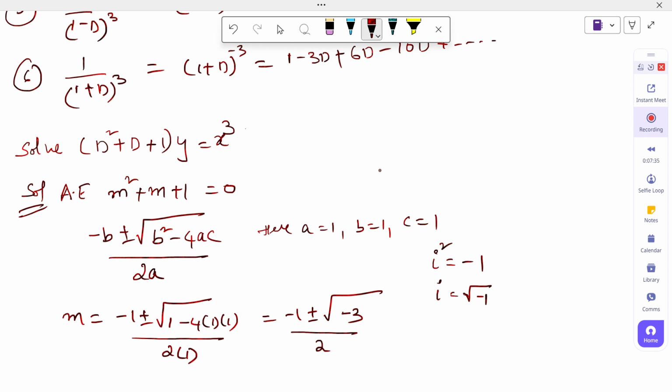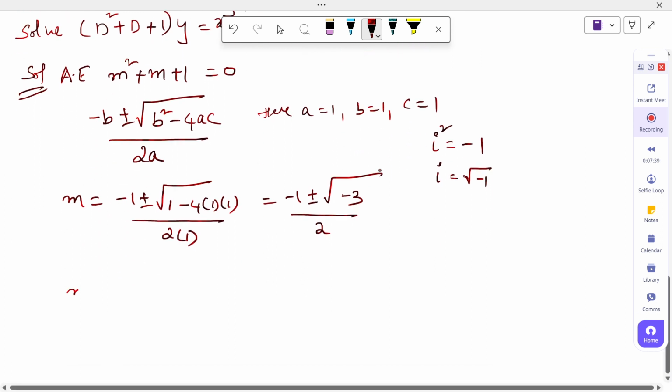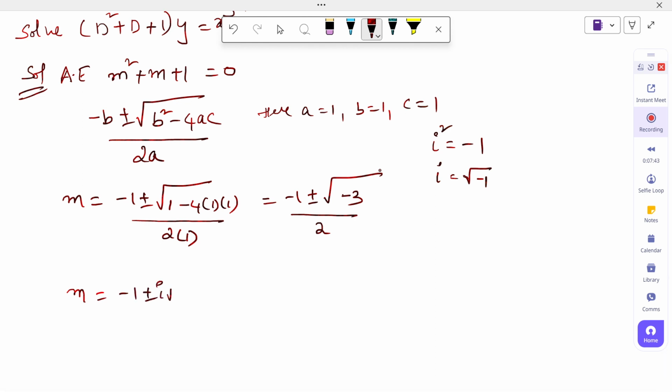So this minus we can write as an i. So your m is equal to minus 1 plus or minus i root 3 divided by 2, which we can write as minus 1 by 2 plus or minus i root 3 by 2. Now it is in the form of complex roots.